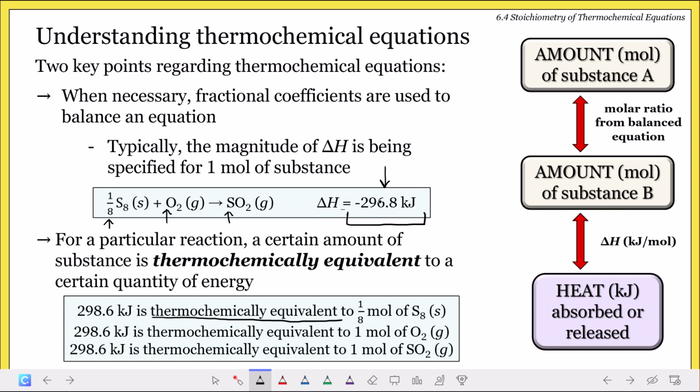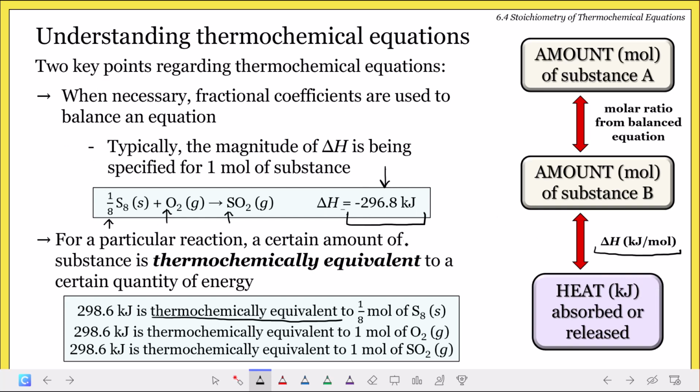We're going to use this underlying concept to do these stoichiometric calculations. We're going to be told that some amount of heat is being transferred during some process, and we're going to have a balanced equation like this with some respective change in enthalpy.